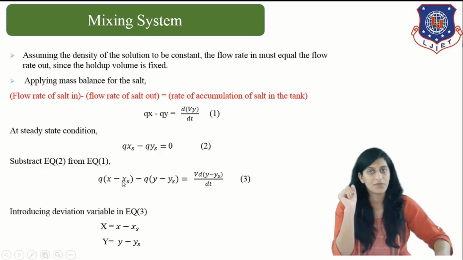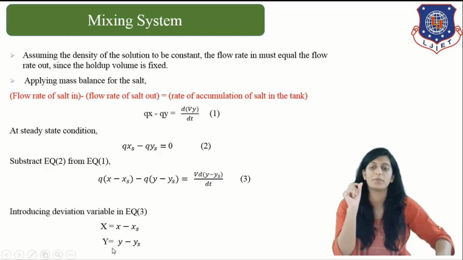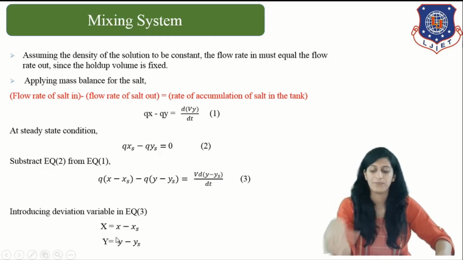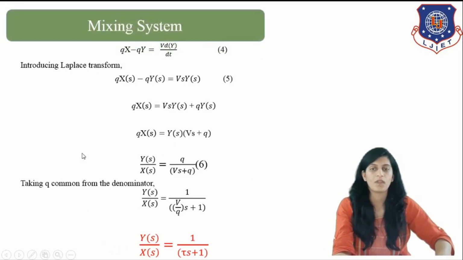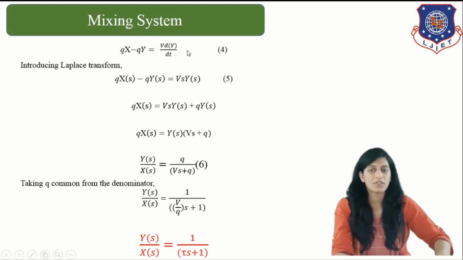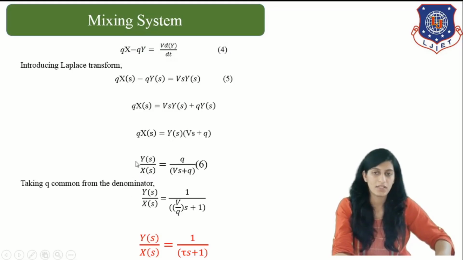Introduce deviation variables: instead of x minus x_s it will be capital X, instead of y minus y_s it will be capital Y. Now shift the terms, take Y(s) common and transfer the terms. So Y(s) upon X(s) equals Q upon (Vs plus Q).